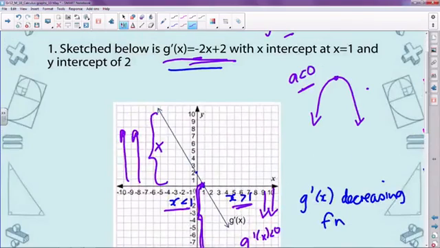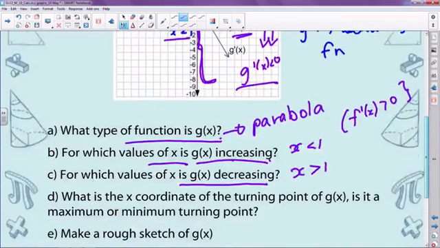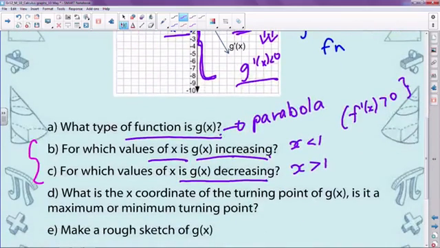And we can see that to the left of that turning point, if I draw a little tangent to that graph, the graph is increasing because the gradient of your tangent line will be positive. Then to the right of your turning point, the gradient is negative. Therefore, you have decreasing values, and that's really what we explained in parts B and C.